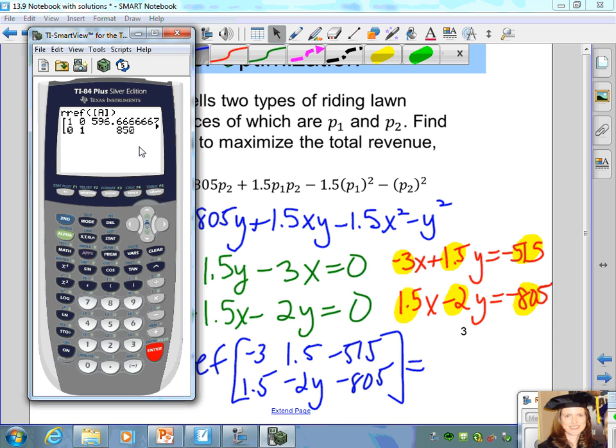So the solution to this system of equations is that x is going to be 596.667. These are prices, so they would make the price 596.67, and the price for the second lawnmower would be $850.